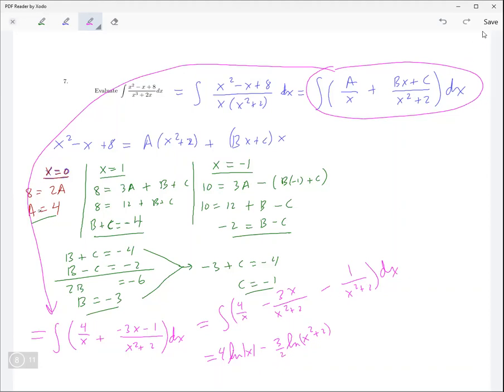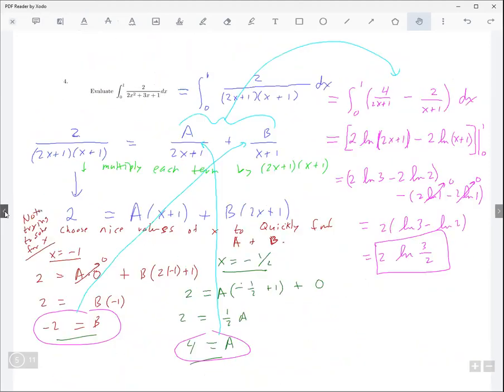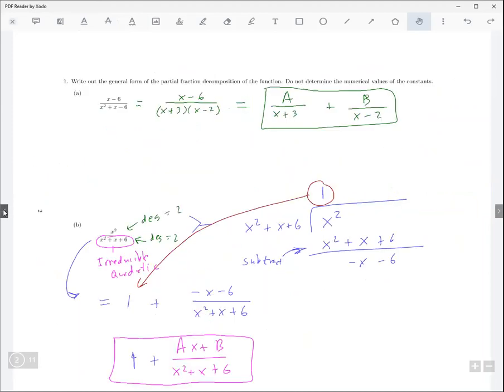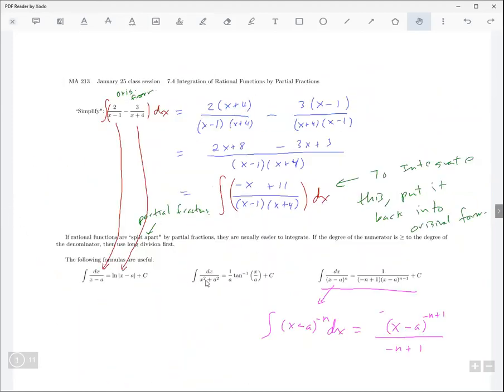Okay, this last term right here, where you have 1 over x squared plus 2, that is related to the inverse tangent. And if you look at the first page, then it's this formula right here.